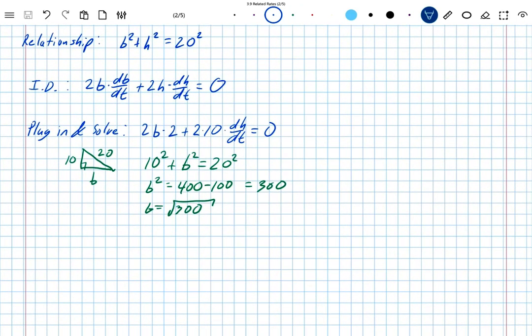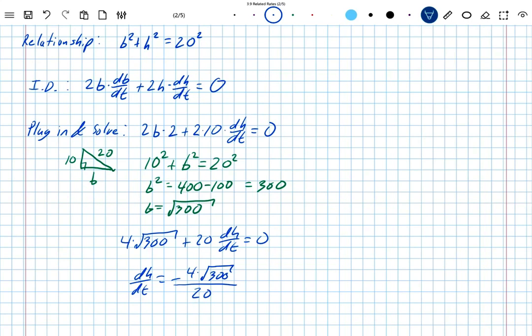So it looks like I'm going to get 4 times the square root of 300 plus 20 dh/dt equals 0. If I solve for dh/dt, I'm going to get negative 4 times root 300, and then I'm going to need to divide by 20.